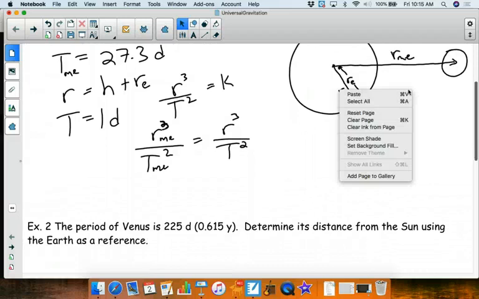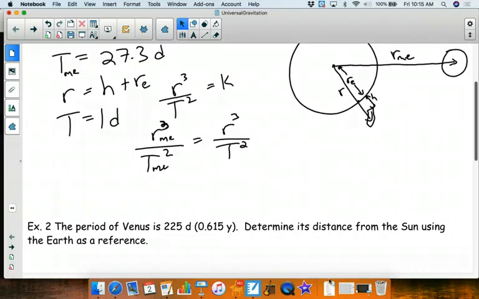Okay, what's R? It's H plus RE, right? And what's T? 1 day. And then we have the other two values, right?